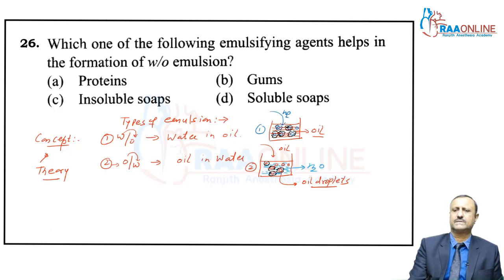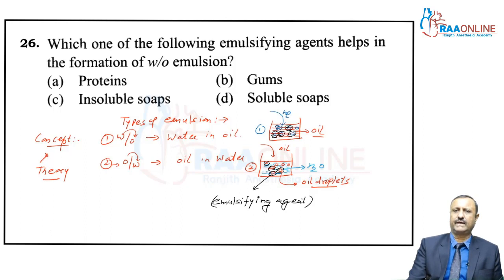So these droplets are stabilized, and this extra substance is called an emulsifying agent. What does the emulsifying agent do? It helps in the formation of these emulsions.